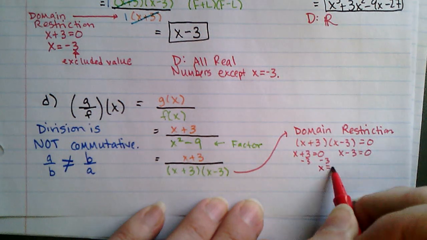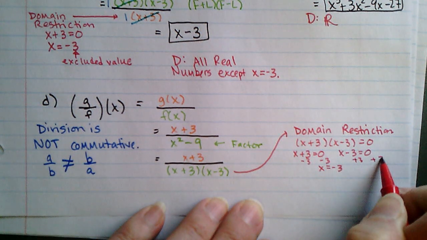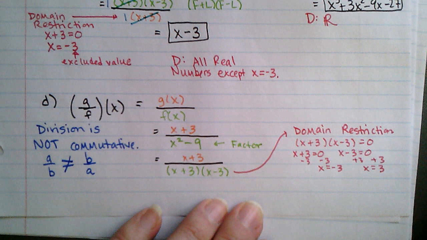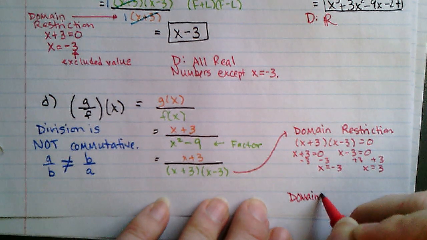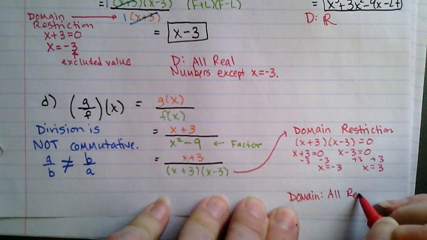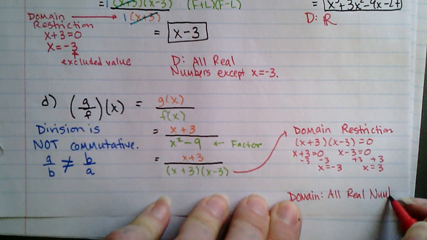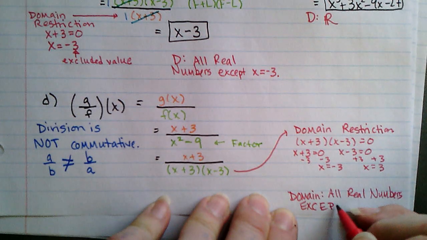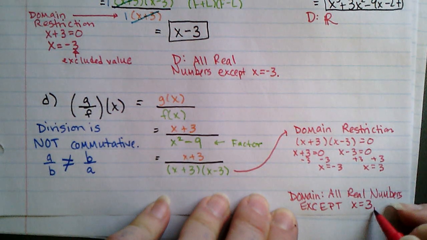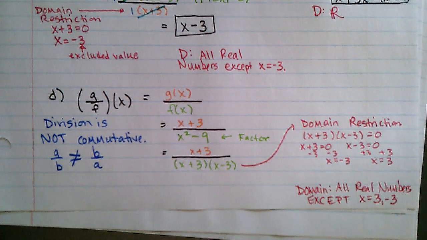I get x equals negative 3 and x equals 3. So my domain is going to be all real numbers except x equals 3 and negative 3.